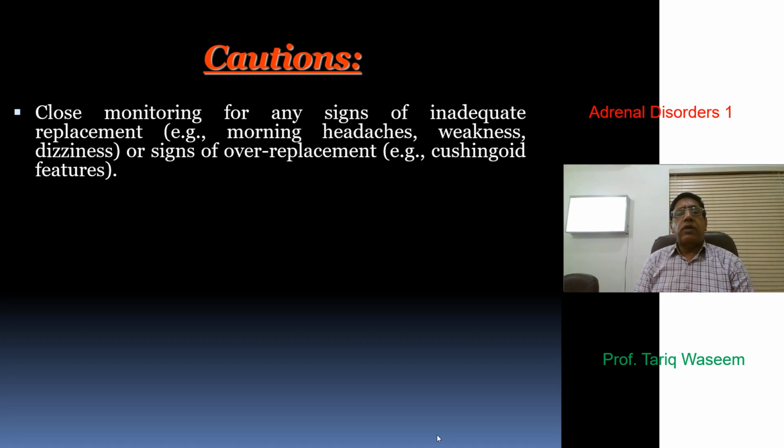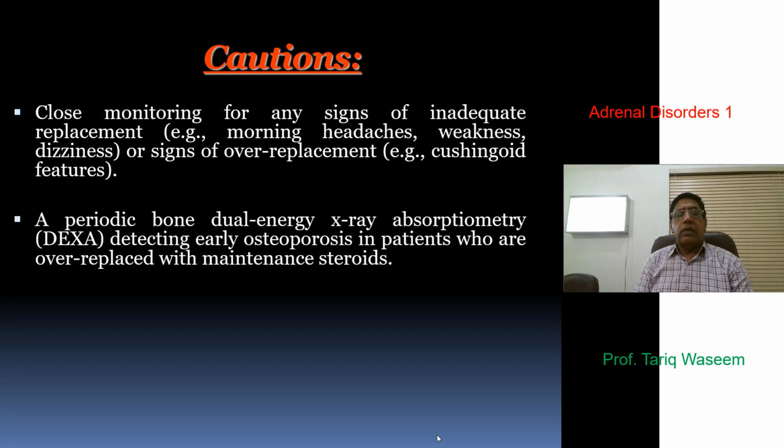We have to be careful while replacing. There should be close monitoring for any signs of inadequate replacement, with the symptoms persisting, or an over replacement, which may push the patient to become cushingoid because of the overdosage. An excess of cortisol may also predispose to osteoporosis.